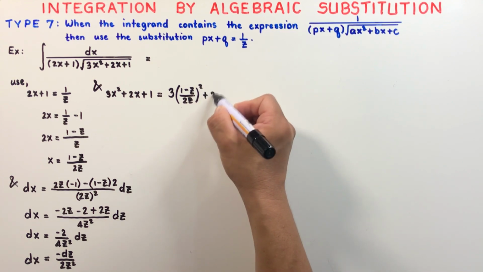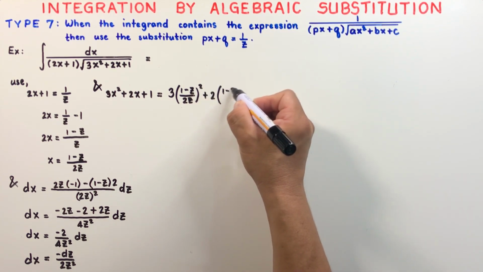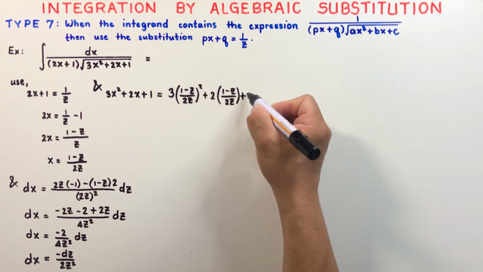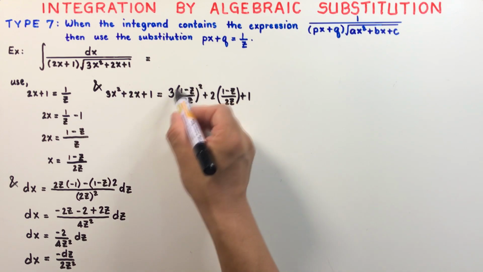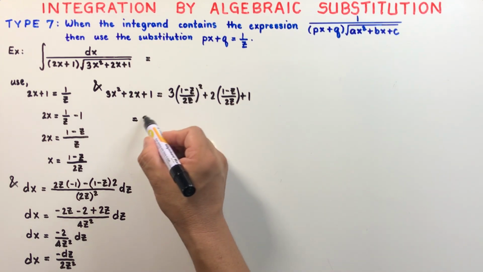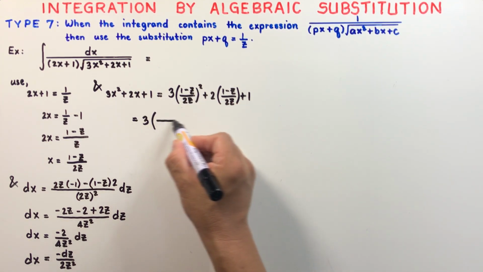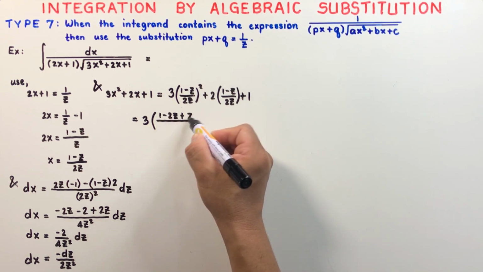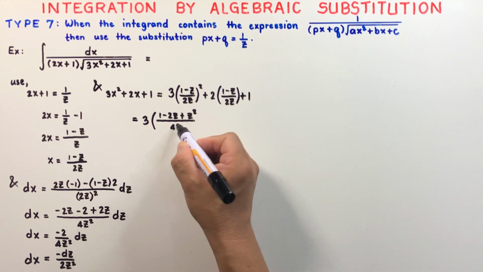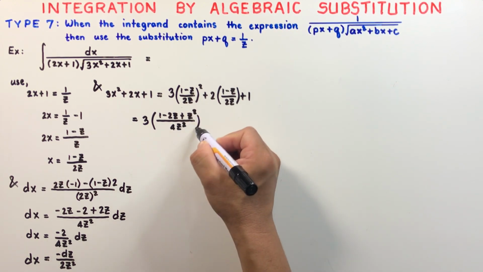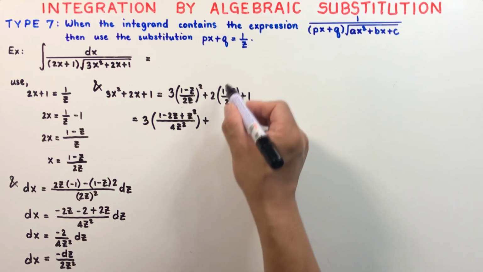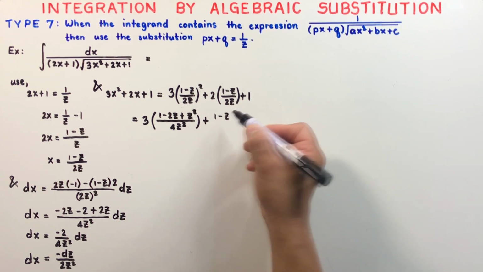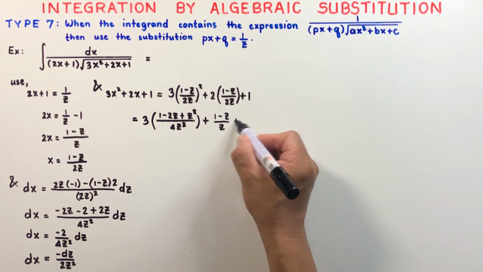And this is added to twice of this x, 1 minus z over 2z, and then plus 1. And squaring this quotient here, we have 3 times the fraction of 1 minus 2z plus z squared, and this is divided by 4z squared here. And this is added to this term, so we can cancel this 2. So what remains is 1 minus z over z.